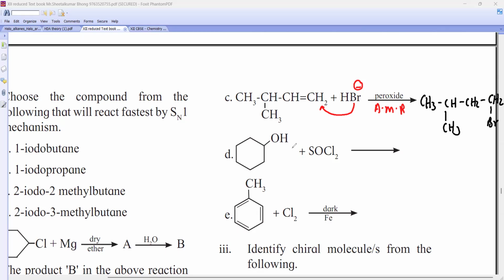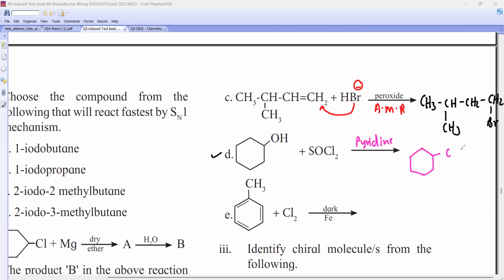Ziaul Haq, tell me what will be the product here? Here, this one. Test method. You remember thionyl chloride? H will get replaced. Then OH. So I'm interested only in main product. So main product will be what?